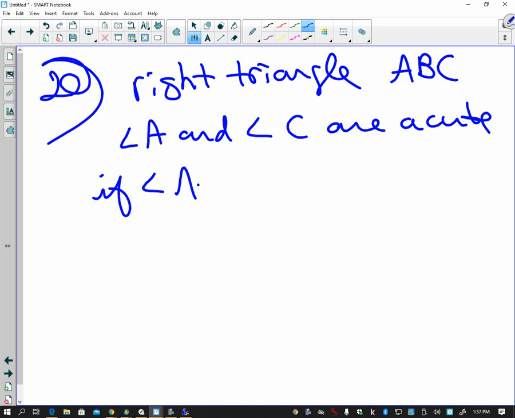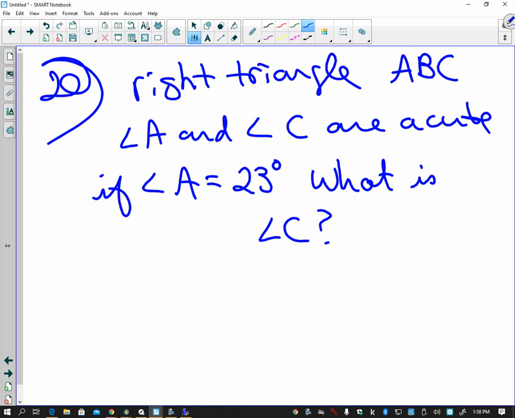If angle A equals 23 degrees, what is angle C? One angle has to be 90. Which one? Angle B is 90 degrees.